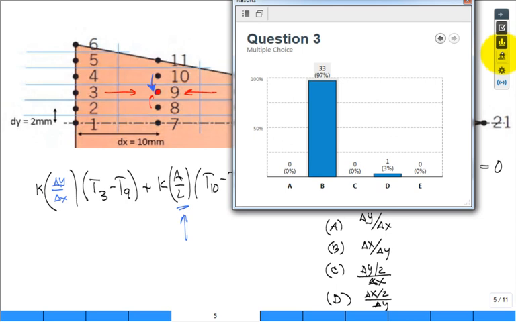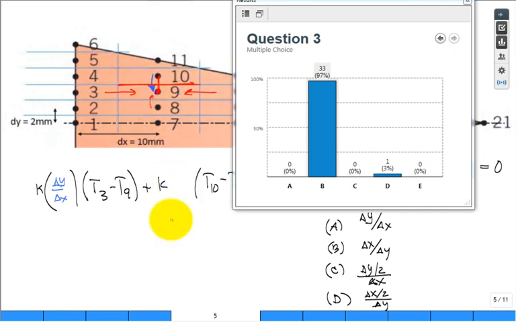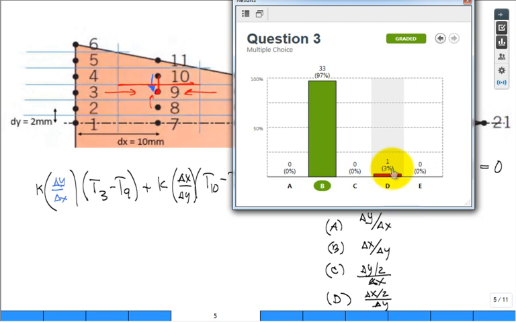Hey, that's pretty good, isn't it? Isn't the area this delta x and the distance L is delta y? So very good. So this one is delta x divided by delta y. And so only one person missed it.